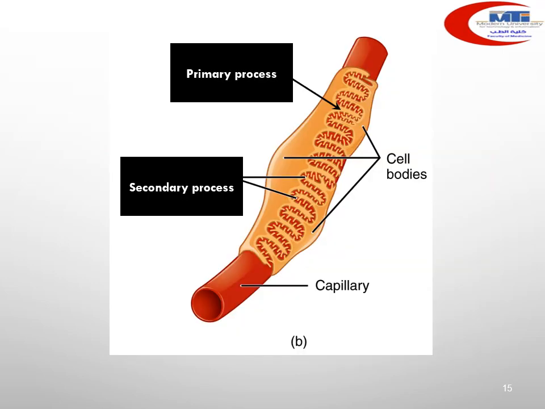Here again, the podocyte should be a squamous epithelium. As you can see here, they are long and flat, but they send lots of processes, primary process and then secondary process, to cover all of the blood capillaries present in the glomerulus. They are separated from the blood capillary by a space called the subpodocytic space. We will see it in a minute.